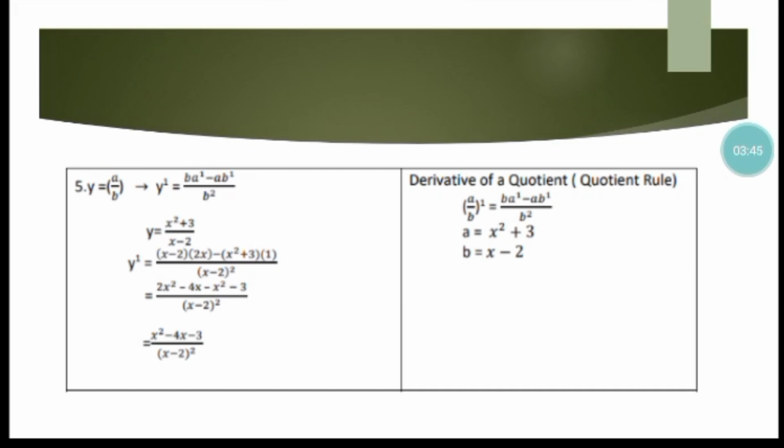For example, y equals x squared plus 3 over x minus 2. The numerator is our a, the denominator is our b. Copy the b first, x minus 2, then find the derivative of the numerator.